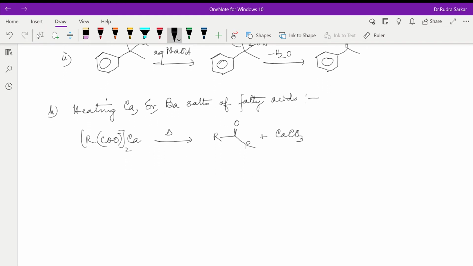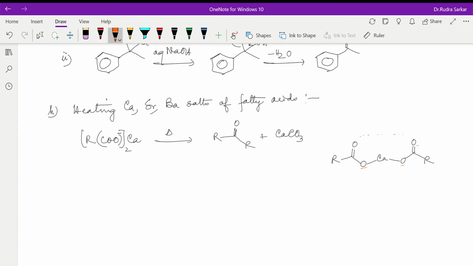So you can think technically you have to take out the unit of CO3 along with that calcium, and whatever is left behind you have to write, okay. So if I just write the unit CO like that, now you think that you are taking out this unit, one oxygen here, here, and this calcium.